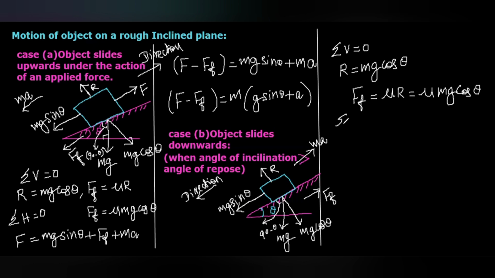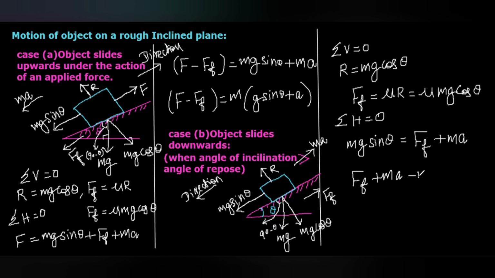Then summation of horizontal forces equal to 0. Okay, that means we can write horizontal force mg sin theta towards left side equal to force of friction plus ma. Okay, or if we keep this on that side, we can write F_f plus ma minus mg sin theta equal to 0.